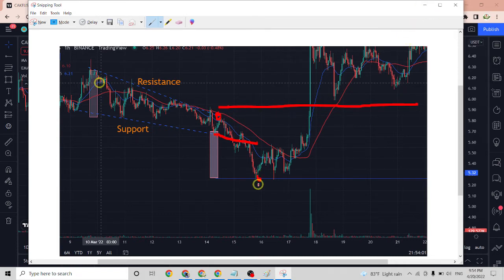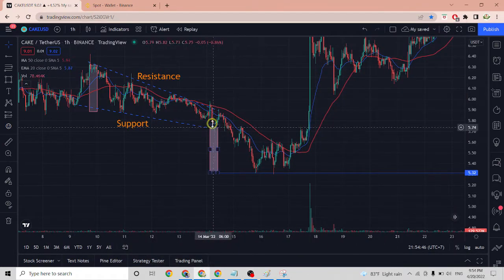There are 2 points. So what is the importance of the falling wedge? The importance of the falling wedge is you know where to buy the price, where to position the price. Okay, so if it breaks the support, you can buy at this 5.32.